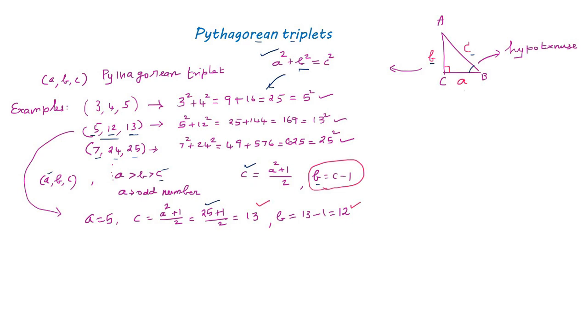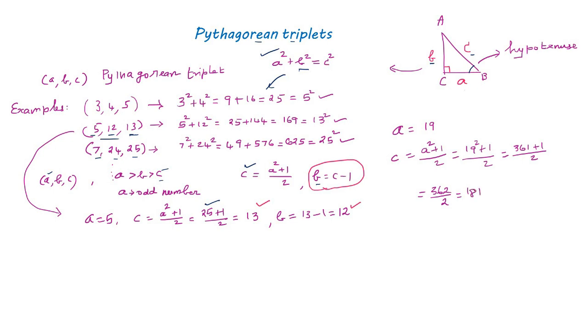Now let us take a new example. Let's say a is 19, an odd number, it will be the smallest in the triplet. Then we have to find c using the formula c is equal to (a squared plus 1) by 2. Then of course b will be c minus 1. So 362 by 2, which is nothing but 181.